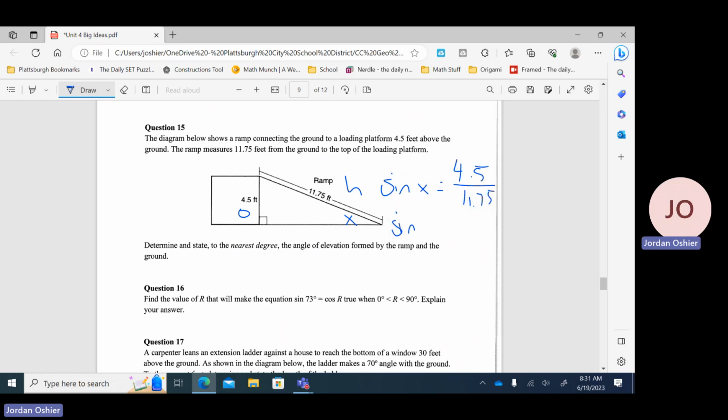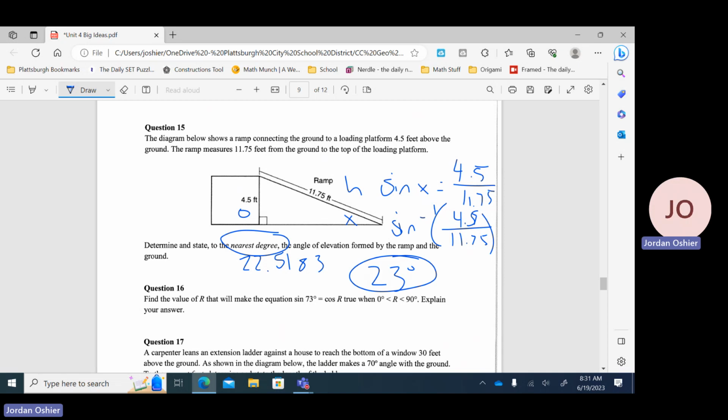So again, this would be an inverse sine in your calculator, which I need to calculate. 4.5 divided by 11.75 is 22.518, nearest degree, so 23 degrees.